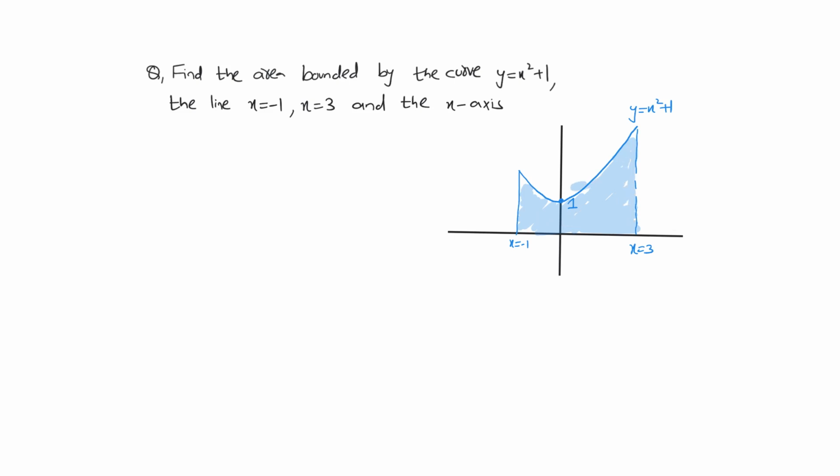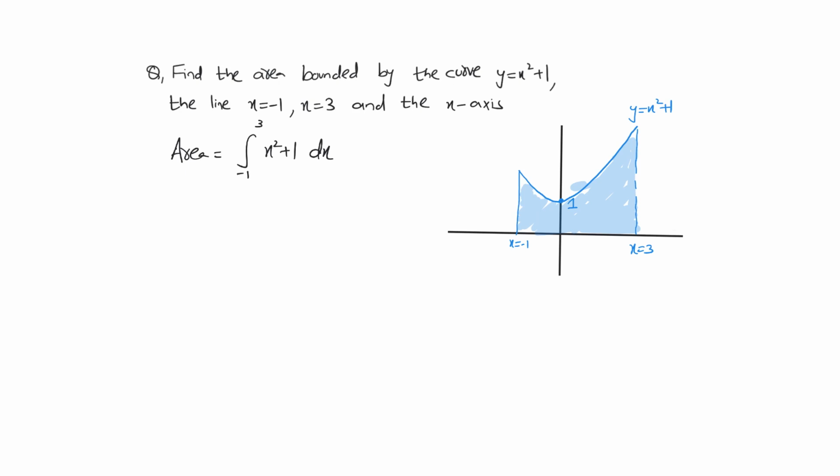So in order to find the area, you will integrate the function x square plus 1 with respect to x, dx. The lower limit would be -1, the upper limit would be 3.